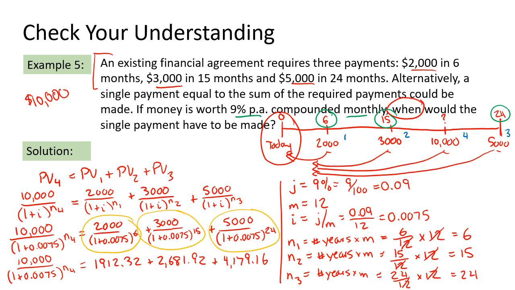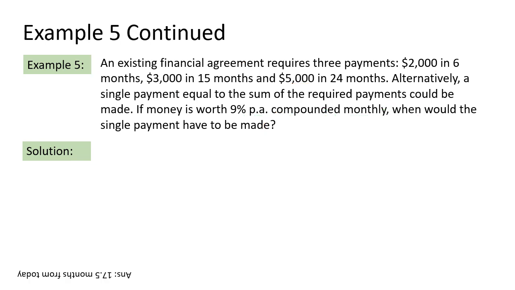Okay? I'm going to just switch it to the other slide, and we'll copy over this relevant information before we finish answering this question. So our equation, I'm just going to write it out again. 10,000 divided by 1 plus 0.0075 to the n4. And I'm going to say equals, and I'm just going to add those three numbers up from the last equation.